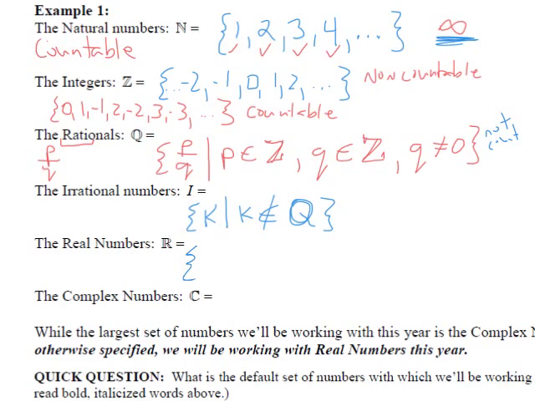So we could denote that as the set of rational numbers in union with the set of irrational numbers. And that U symbol there is a joining symbol, which means let's join these two sets together.